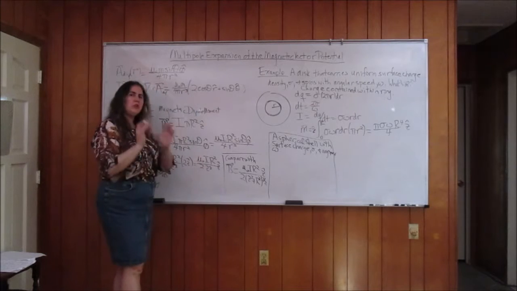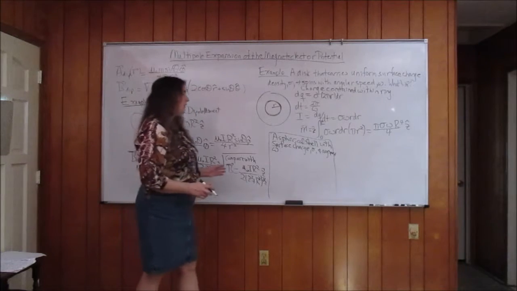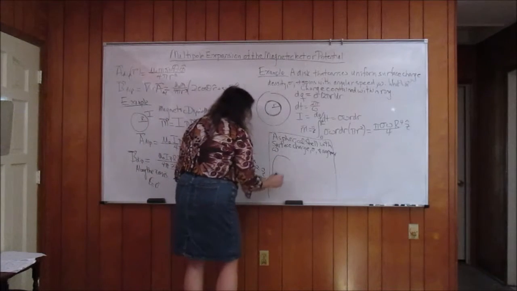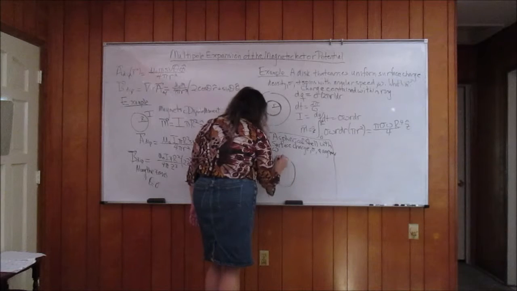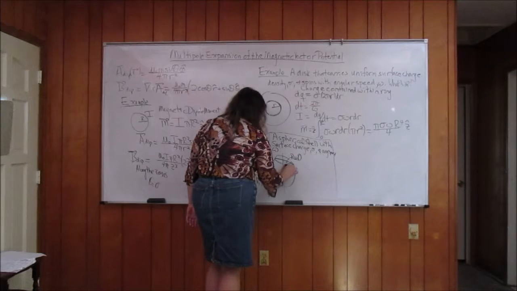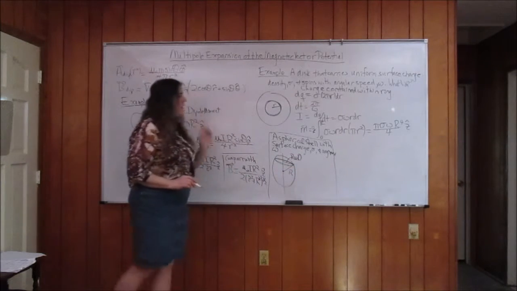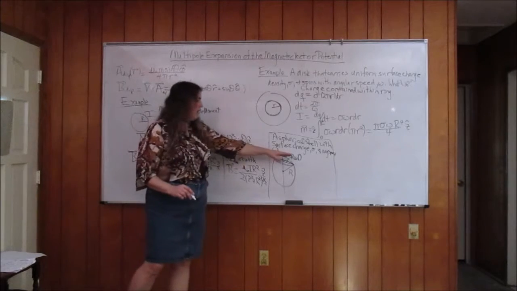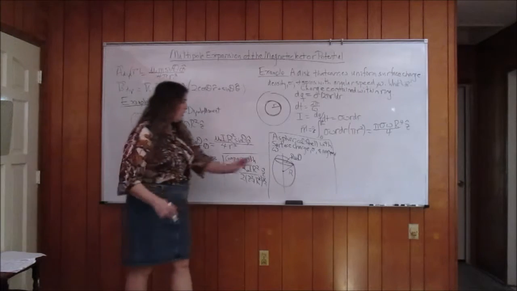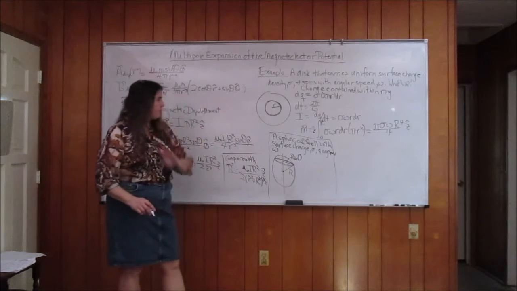So again, you always want to use what results you've already obtained to arrive at a solution here. Well, let me sketch out this problem. And I'm going to calculate the contribution from each of these rings. Essentially, this just amounts to integrating all the way from 0 to pi.